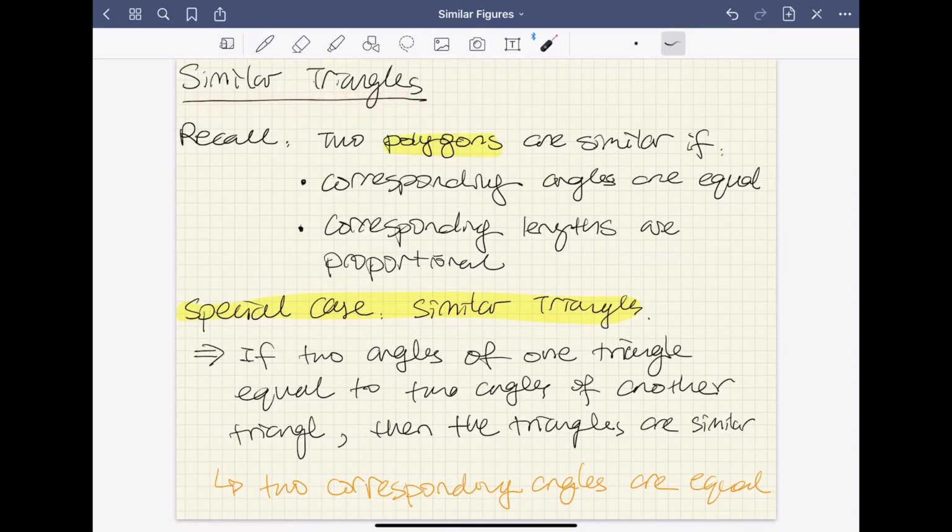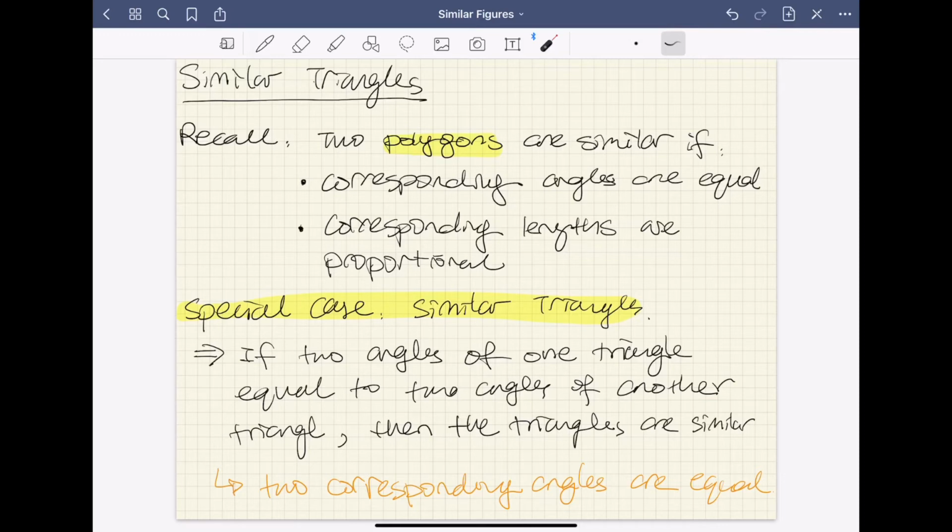All right, next let's talk about similar triangles. Recall that two polygons are similar if their corresponding angles are equal and their corresponding lengths are proportional. But similar triangles are a special case of similar polygons. It doesn't have to satisfy those two conditions in order to be similar. The only thing needed for two triangles to be similar is that if two angles of one triangle are equal to two angles of another triangle, then these two triangles are similar.